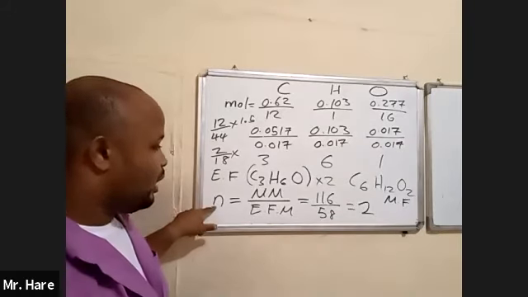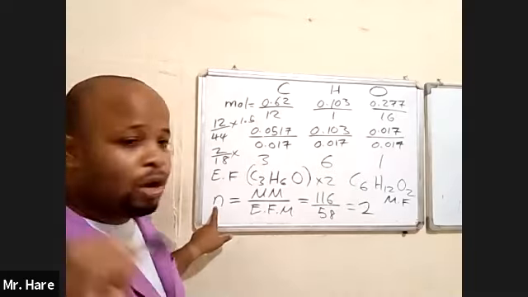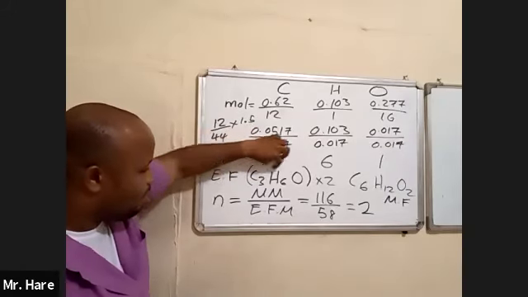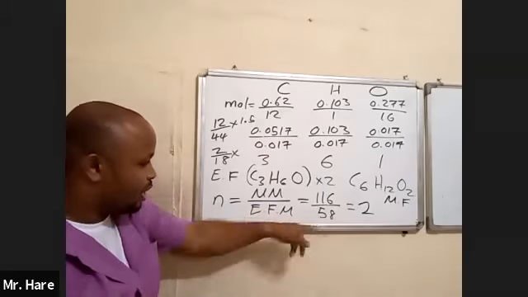Sir, I have one more question. How do you find the number for N? For N, they will give you the molar mass of the compound in the question. And then you add up the empirical formula mass. So the empirical formula mass was 58.